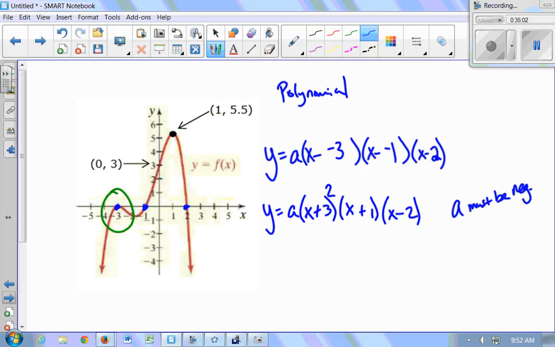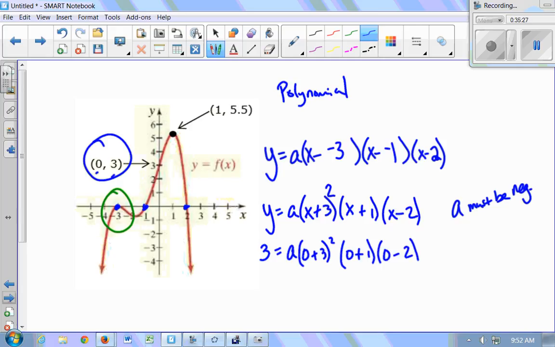I will solve for it. Yeah, I'm going to solve for it using a point. Any other point that I know, if I plug in the x coordinate for x and the y coordinate for y, will make this equation true. Right? So if I put in 3 for y and 0 for x, then the only unknown in that equation is an a, and I can solve for it.